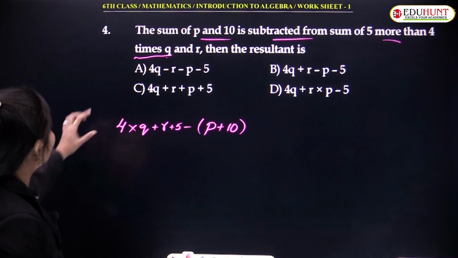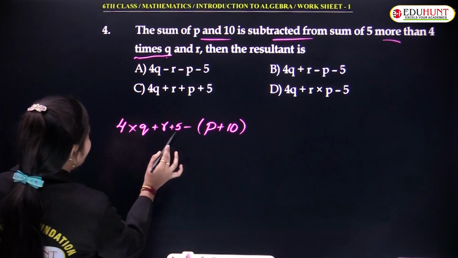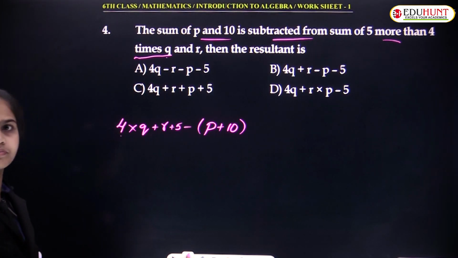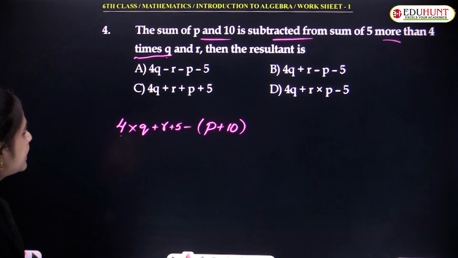Understand? See what they said, 5 more than 4 times Q and R. This is the meaning of that.